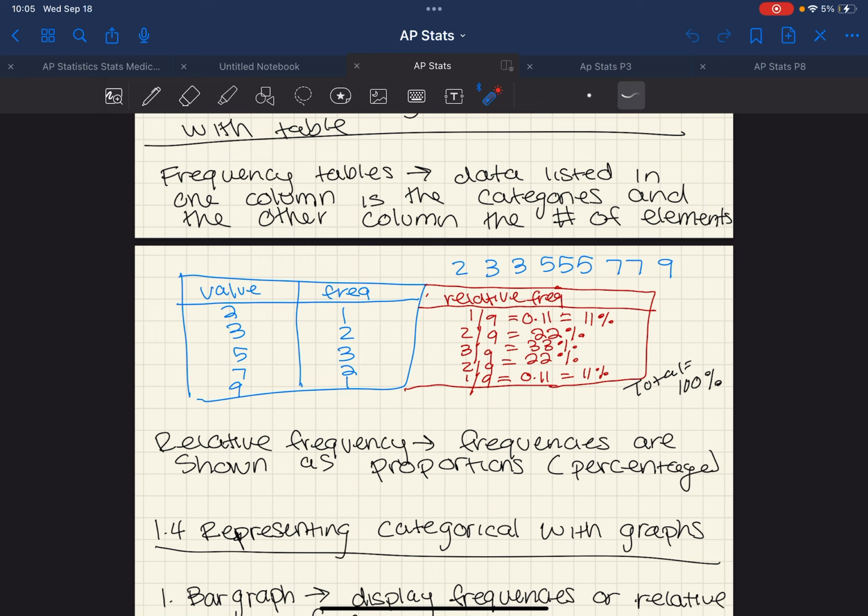And I would do the same for each of these numbers here, and I would get 22%, 33%, 22%, and 11%. And notice if we were to add all those percentages together, we would get very close, if not exact, 100%, because that 100% is telling us that we used the entire data that was in that data set.